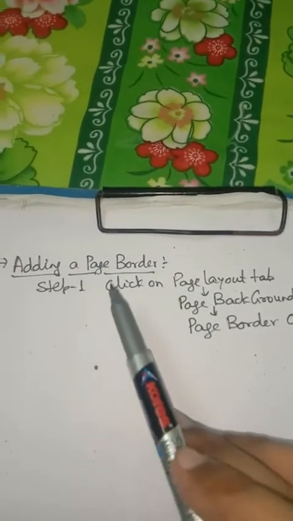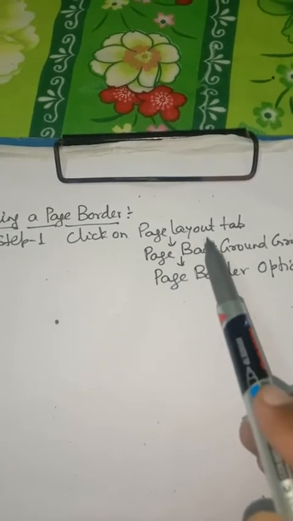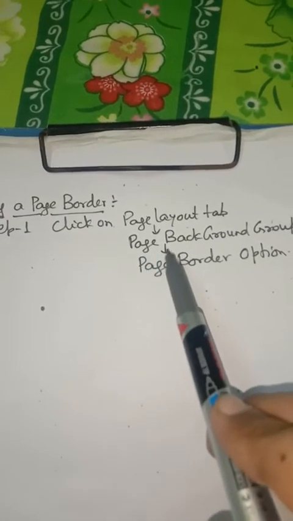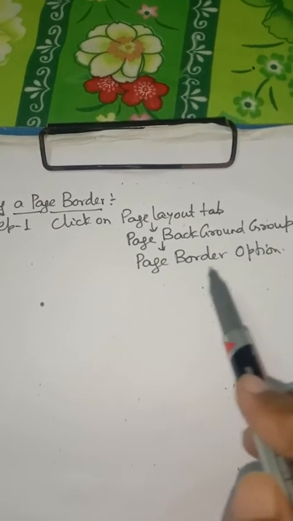So in order to apply a page border, first of all, click on the page layout tab. Next, click on the page background group, and then click on the page border option.